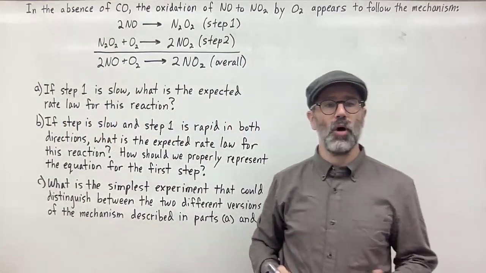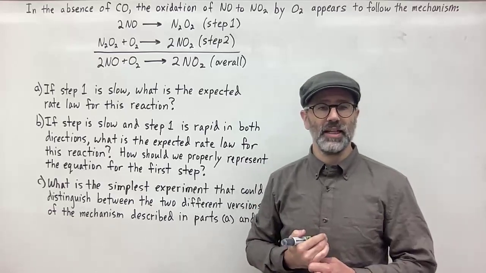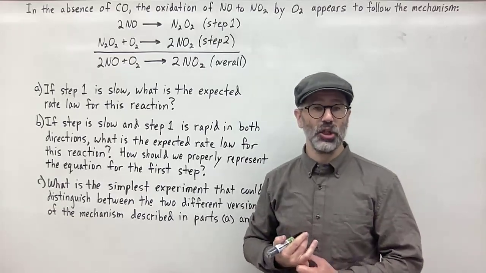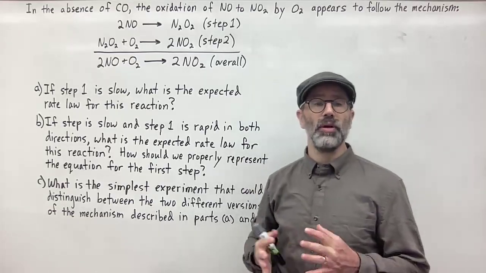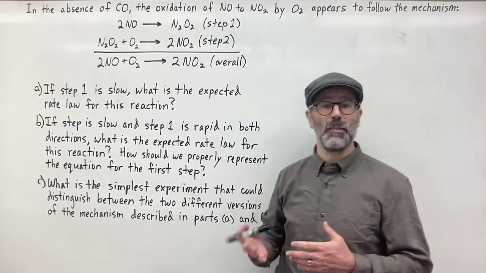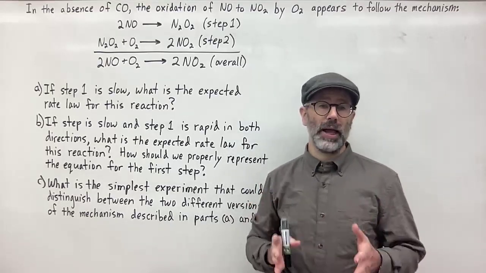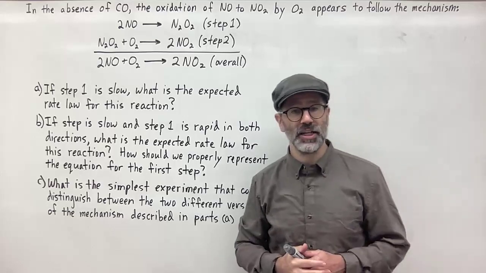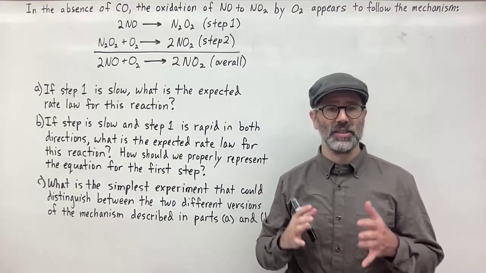And so for step one, we're told let's assume that step one is slow. And so what would be the expected rate law from this reaction if step one is slow? Now remember, the rate law for the overall reaction is determined by the slowest step.